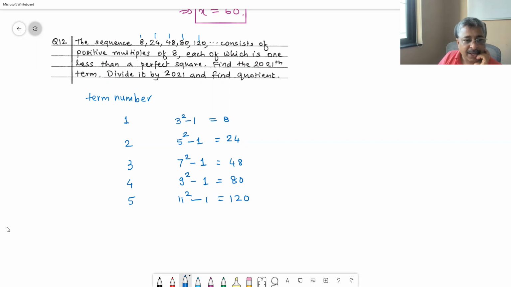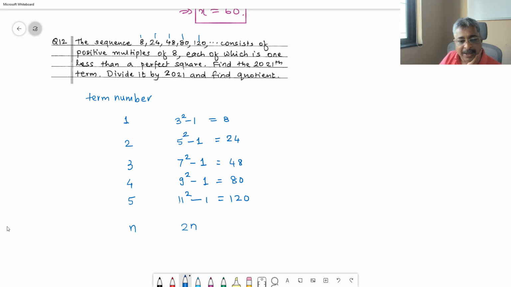So what will be the nth term? Suppose term number n, then you multiply n by 2. Suppose I multiply 5 by 2, I get 10, and then add 1, it's square. 4 into 2 is 8 plus 1, 9 square. So it is 2n, multiply n by 2.